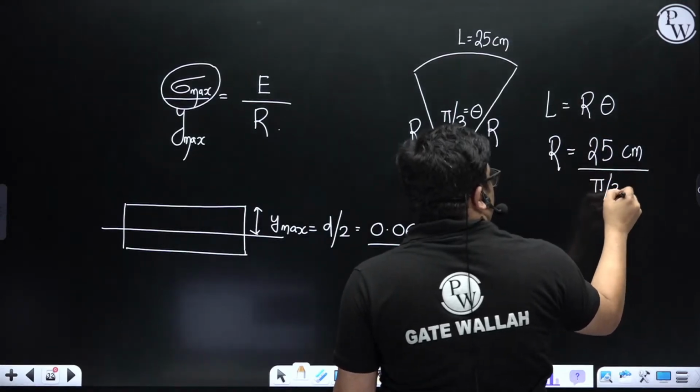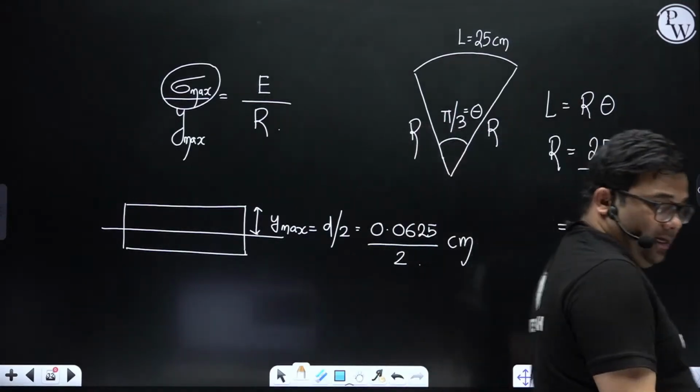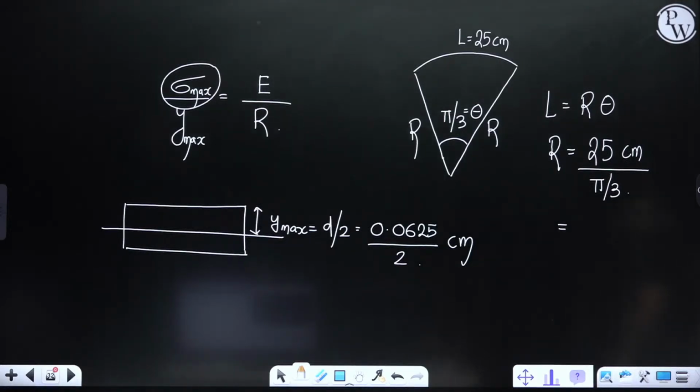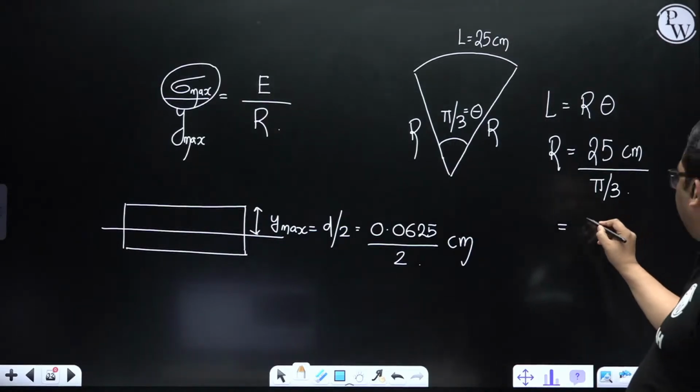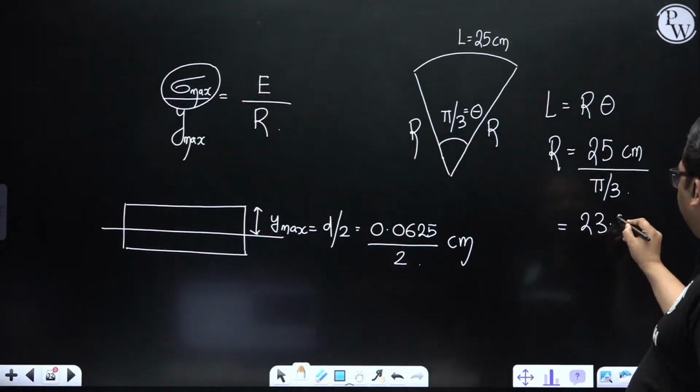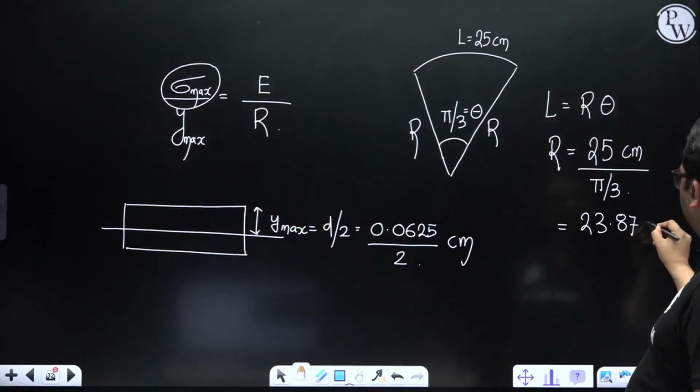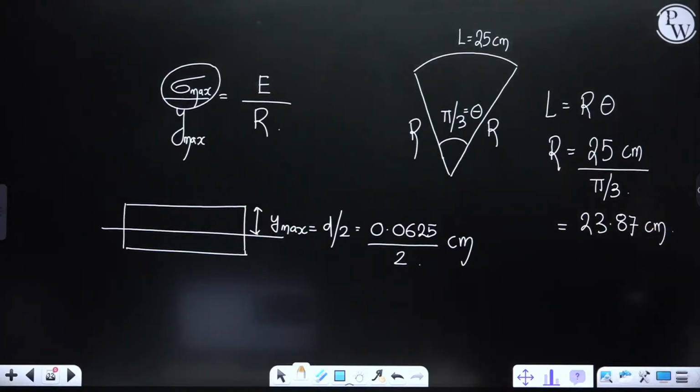So how much do we get for R? 25 divided by pi by 3 gives 23.87. R is 23.87 centimeter. Now I can put this in and find the maximum.